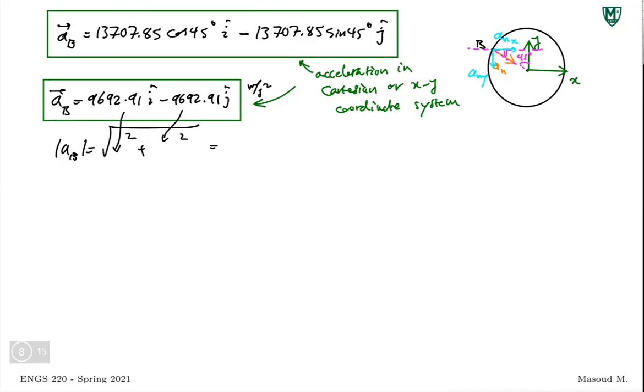Let's do another example. This time, let's do something that is not on a circular path. Let's do something that is on a curve. I'll wait a few seconds if there is any question on this one.